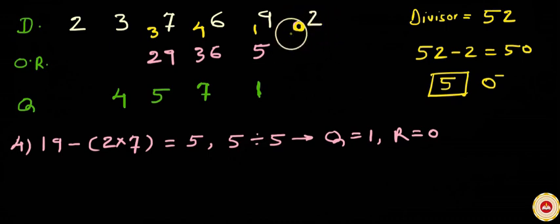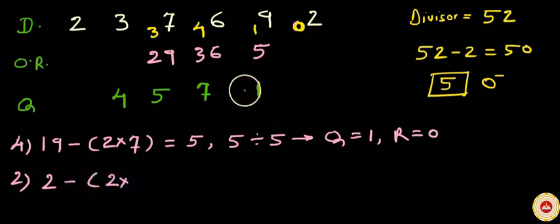Now read this as 2 and let us use this 2 to calculate last osculation number. 2 minus 2 times last quotient 1, which gives us 0. 2 minus 2 is 0. So let us write this 0, last osculation number 0, below last digit in the dividend.